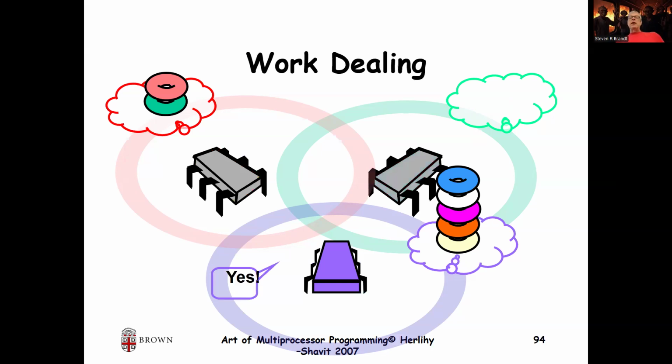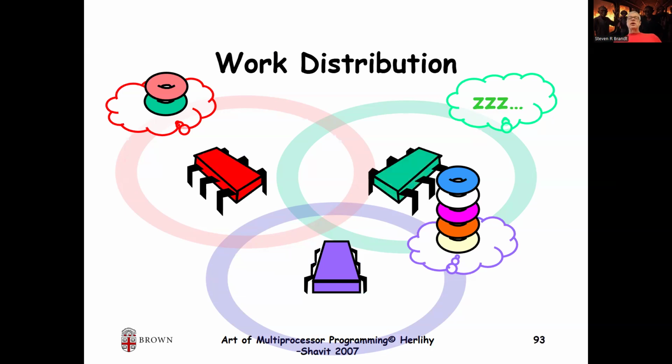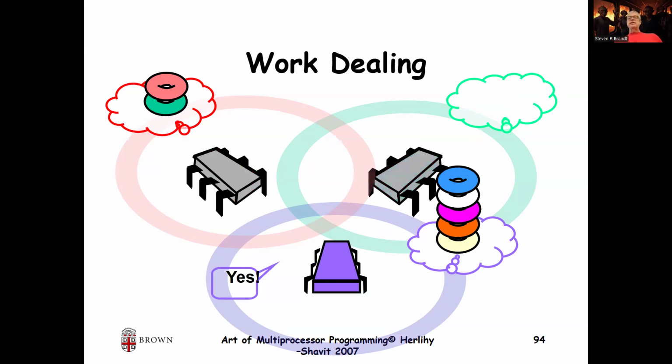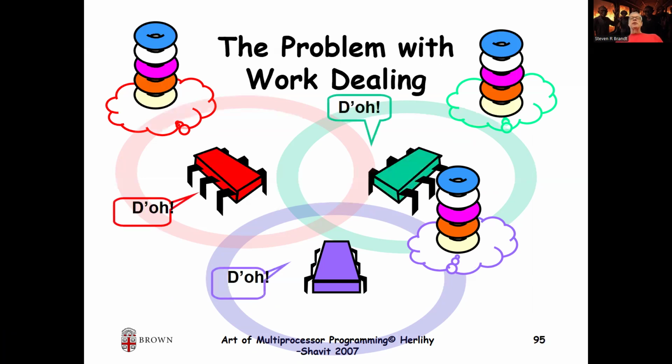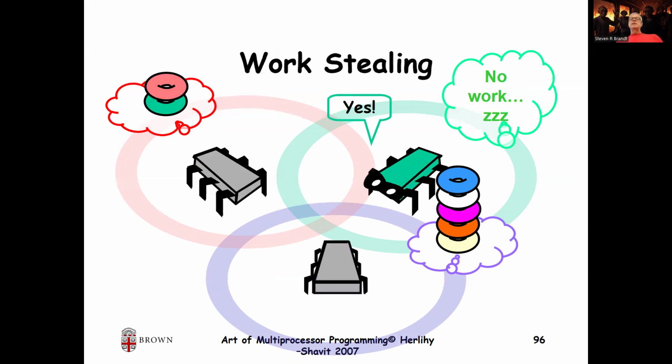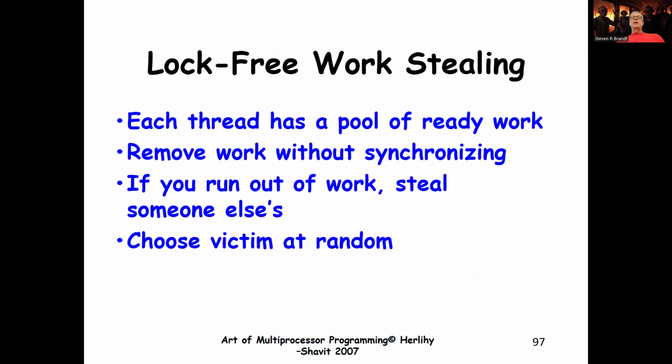Okay, so there's work distribution. You can have work dealing, where one processor deals out the donuts to the others, but it's hard to get these balances to work. There's also work stealing. If one processor runs out of work, it can go hunting among the other ones for work to take.